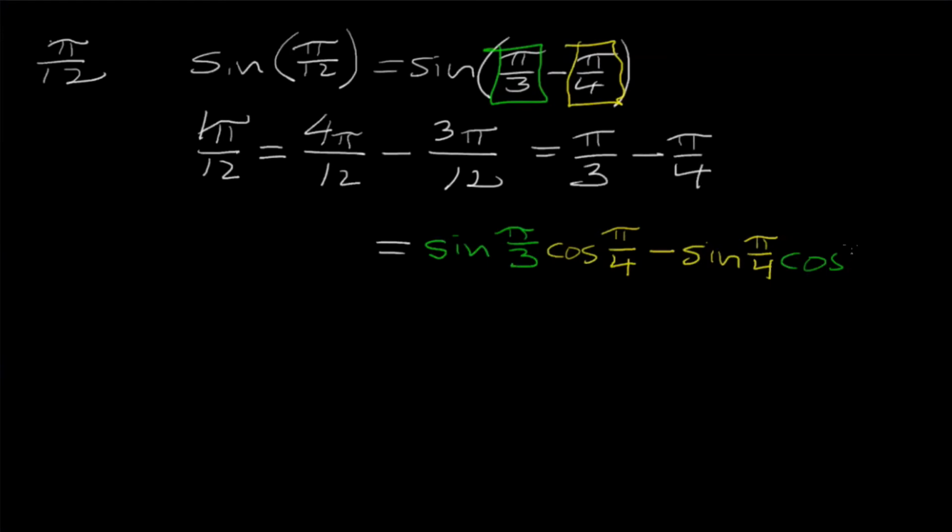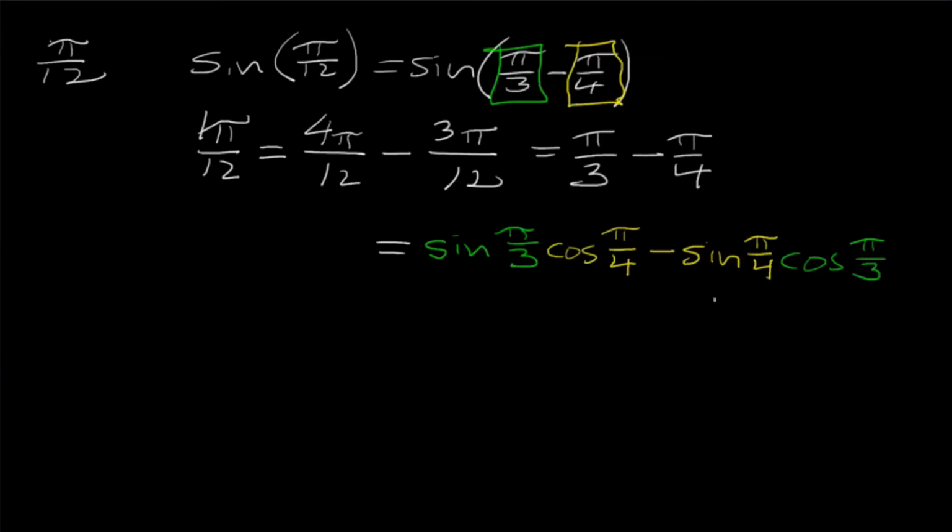It really doesn't matter how you organize these, as long as the angles are different. So you have the cosine of one angle, and it's the second angle. Here, it's the cosine of the first angle. That order does matter. Okay, so sine, cosine, and cosine, sine.